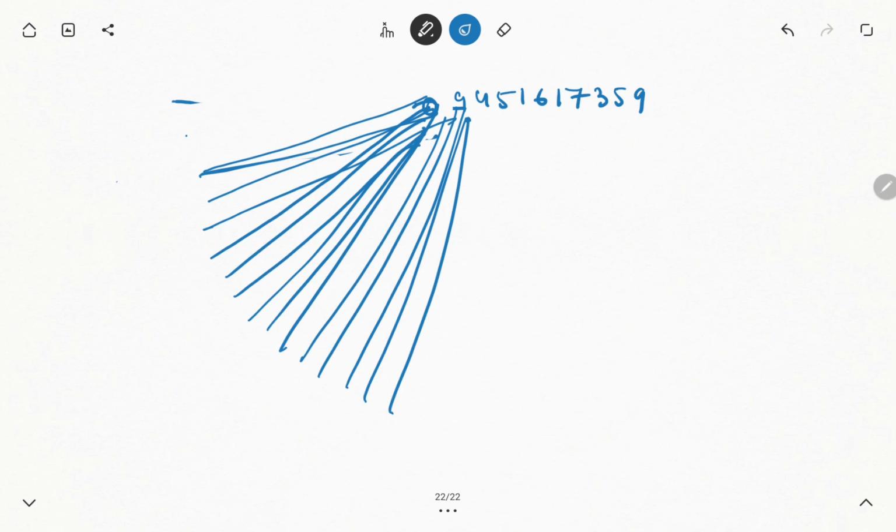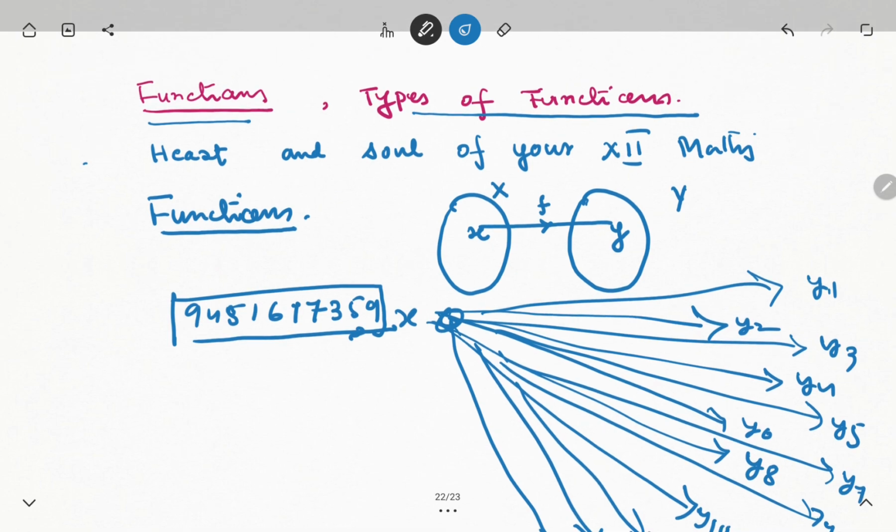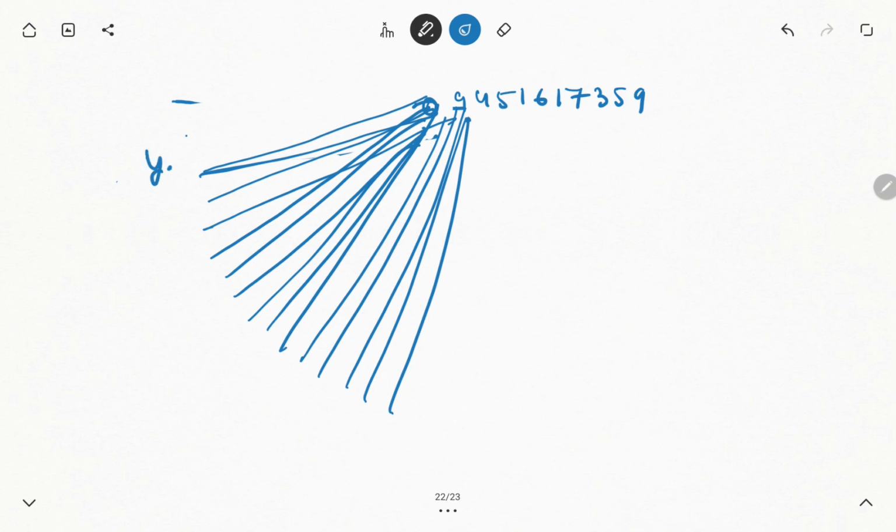Right? So these 13, I am coming back again to the example. These 13, reversing only the process I have reversed here, these are from y1, y2, 3, 4, 5, 6, 7, 8, 9, 10, 11, 12, 13.